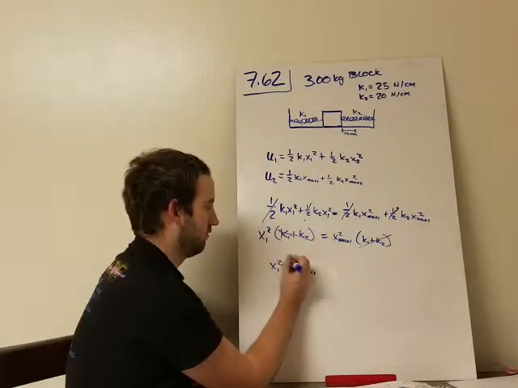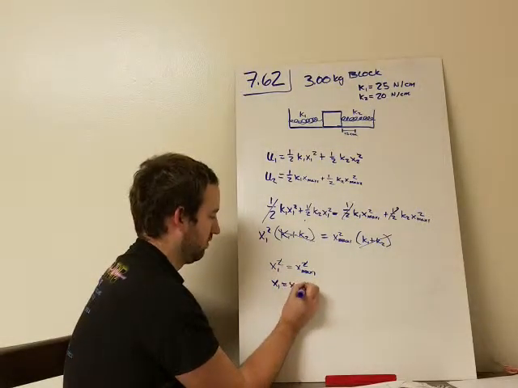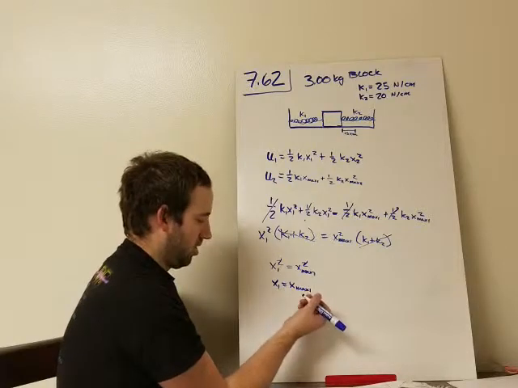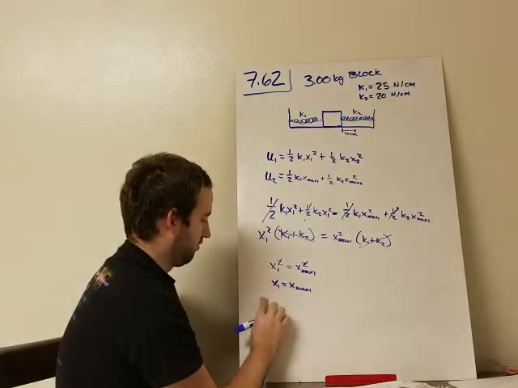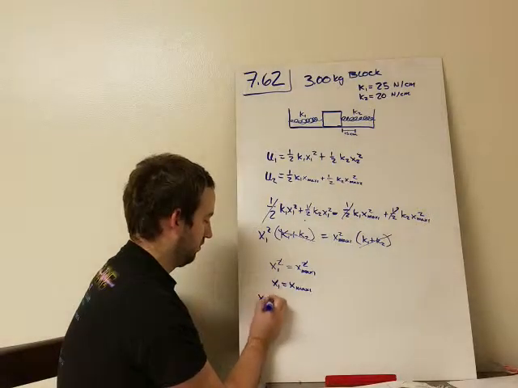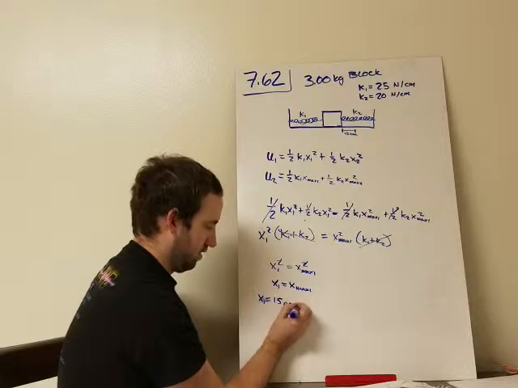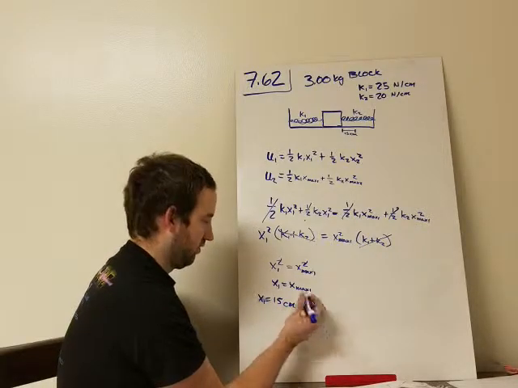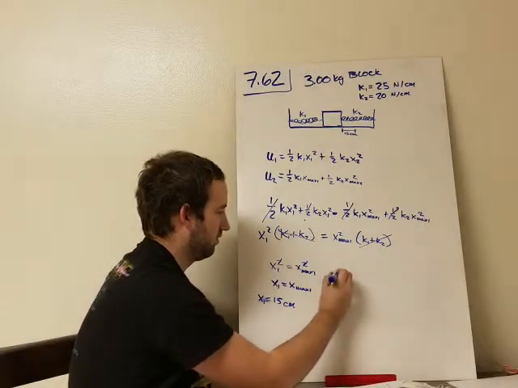We can square root them both. We get x1 equals x max 1. We know x1 is equal to 15 centimeters. And so we know that x max 1 equals 15 centimeters.